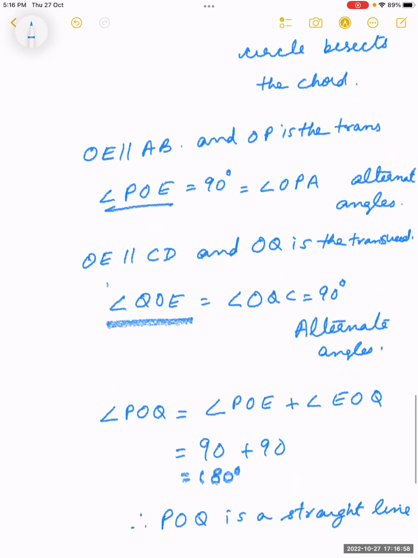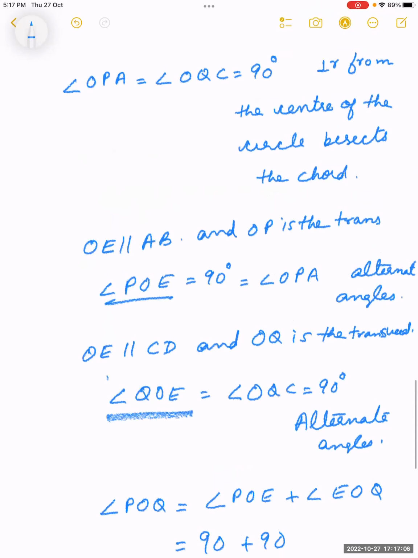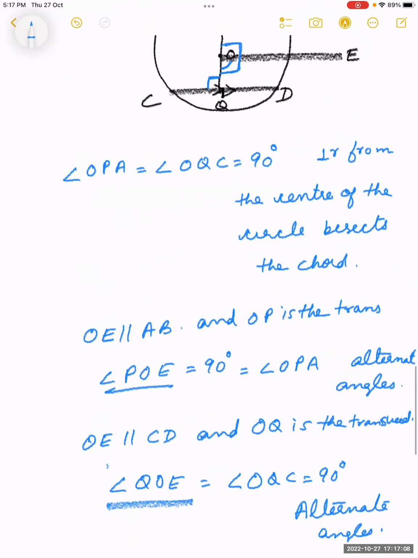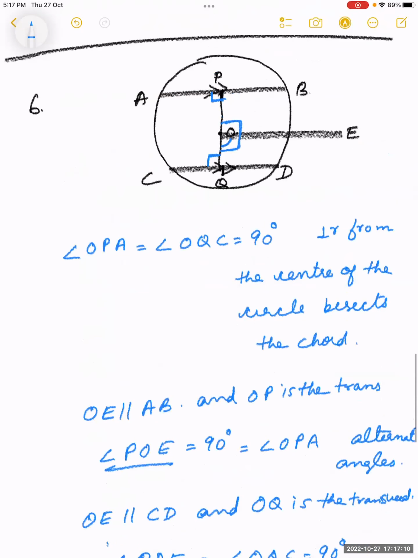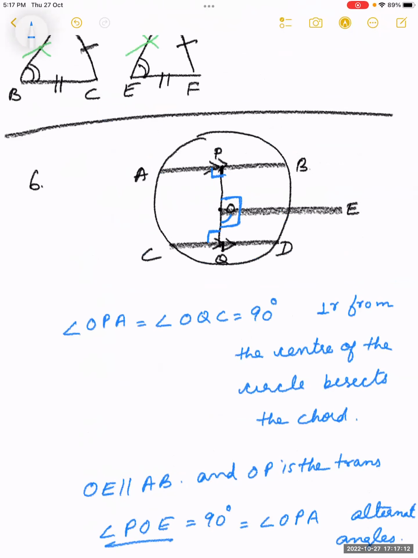Does anyone have any questions? All of you understood or not? So what are we doing here? We just draw a parallel line OE, parallel to AB and CD, considering OP as one transversal and OQ as another transversal.